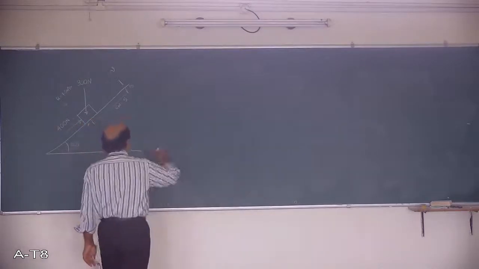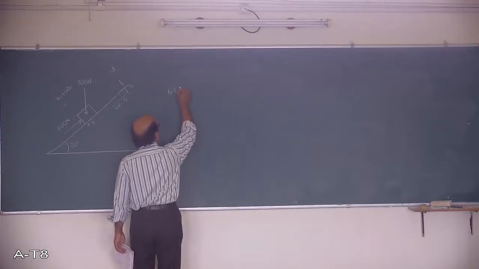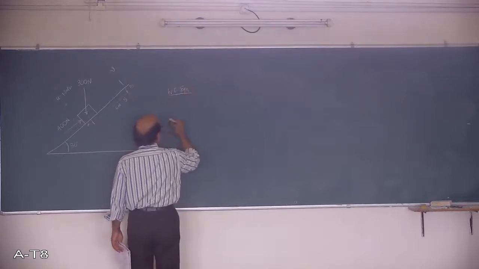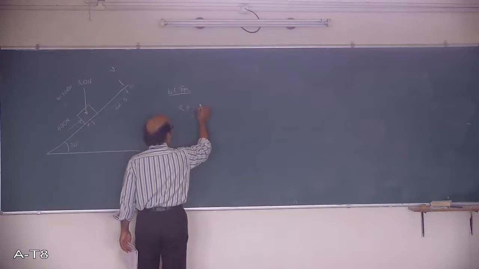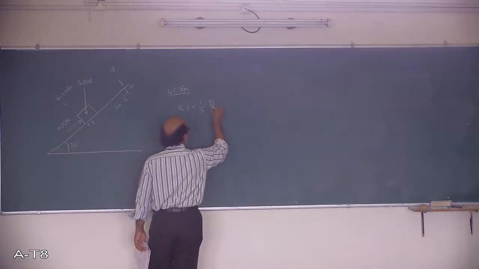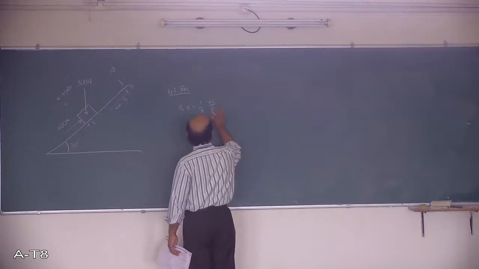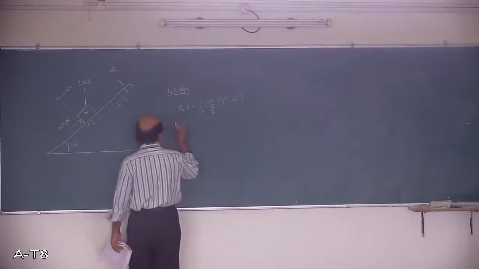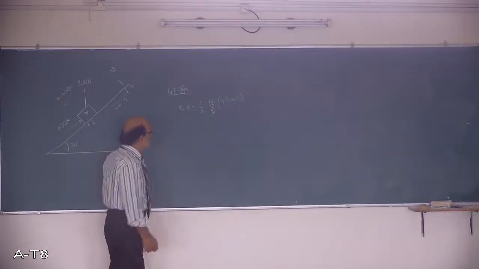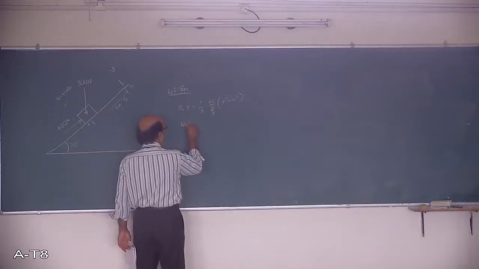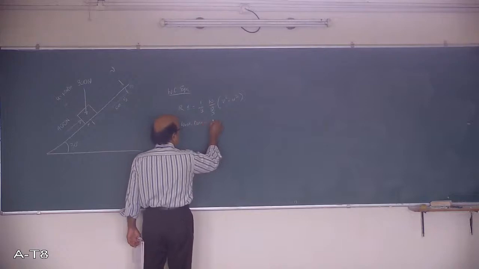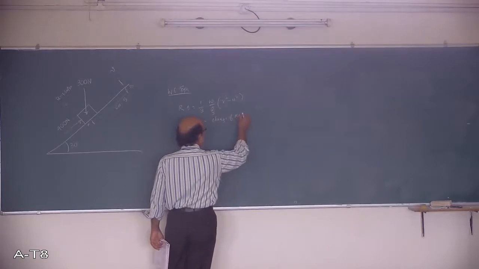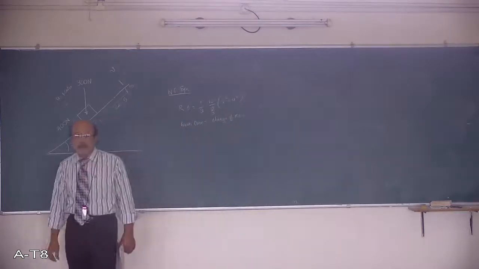As you know, the work energy equation is R into S is equal to 1 by 2 W by g into V square minus U square. That is, work done is equal to change of kinetic energy. That is a standard equation.